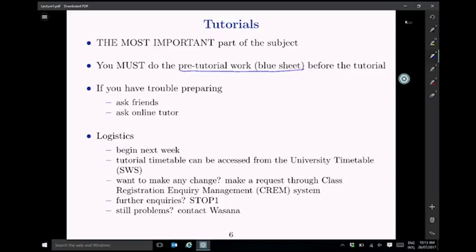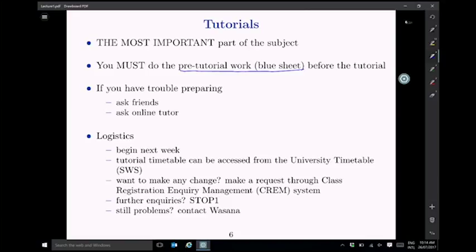And if you have any trouble, talk with your friends, or you can also ask the online tutor, because this is a big subject. We have an online tutor. You can ask certain questions to the online tutor, but we encourage that you don't ask every detailed question. Think before you ask. The online tutor cannot really answer 10 questions from everyone each day. So think about what you want to ask. This is another source for you to ask questions.